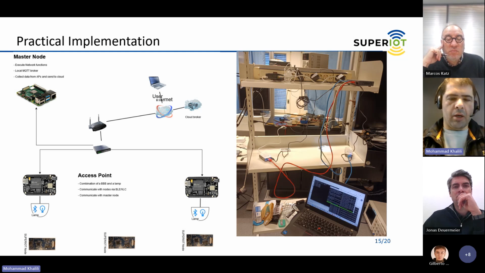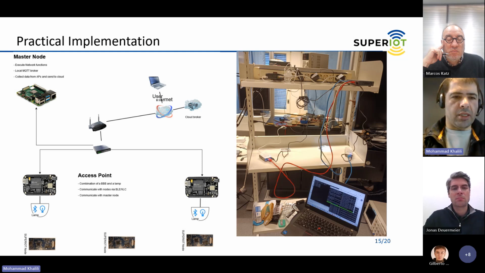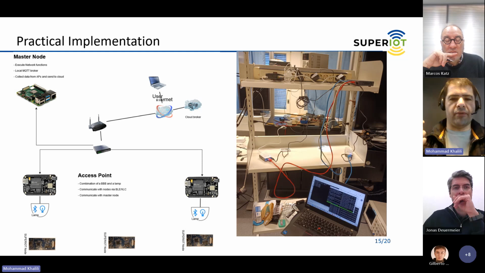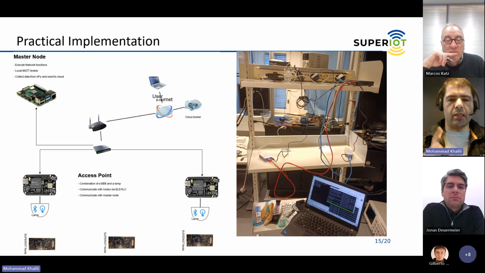In the Super IT project we produced new nodes. We called them Super IT nodes, and these nodes have the capability of transmission and reception in both technologies, I mean visible light communication and Bluetooth Low Energy.